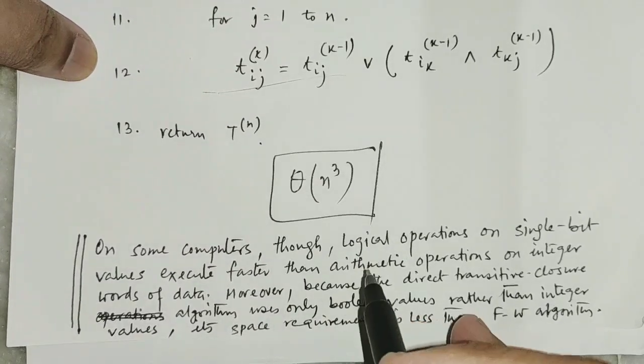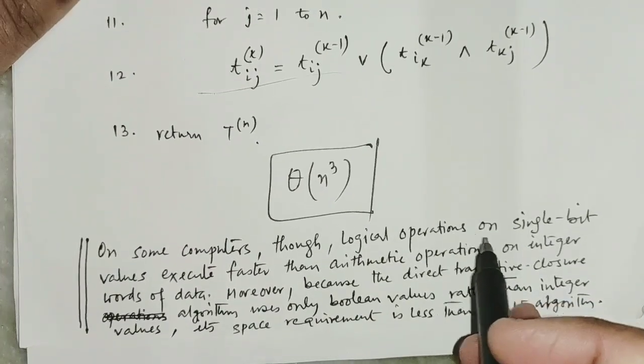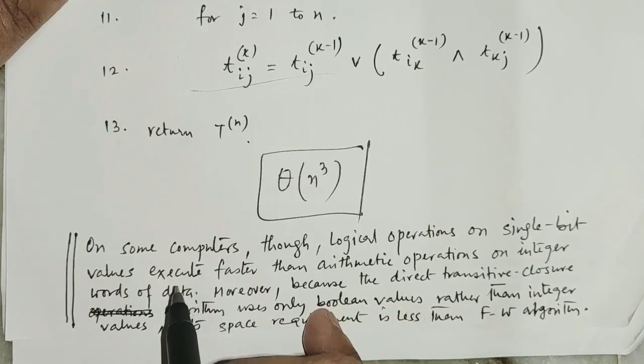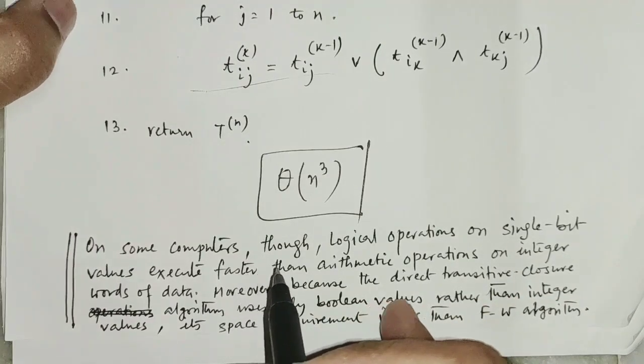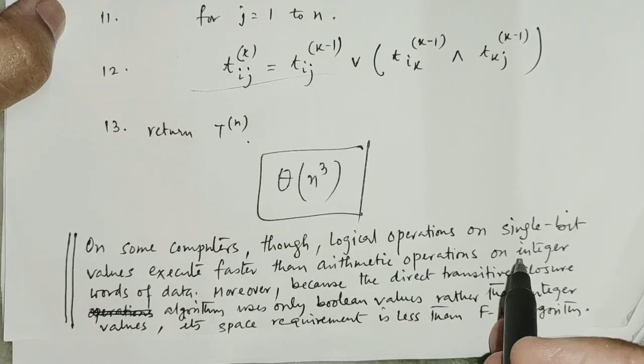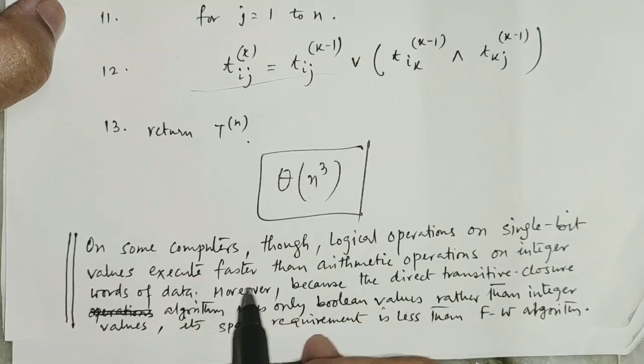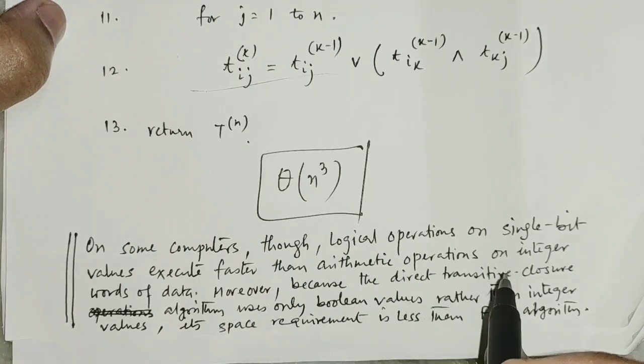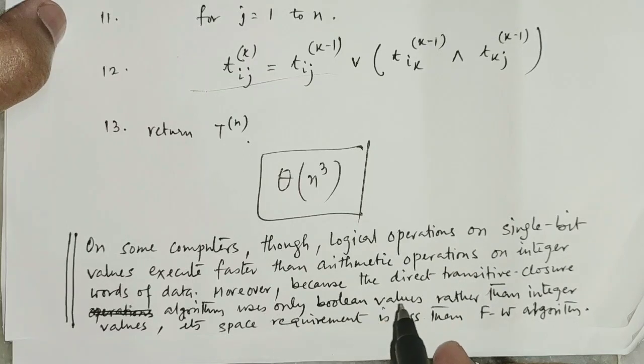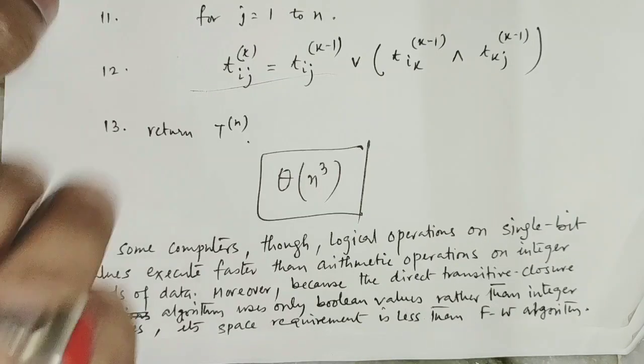On some computers, logical operations on single bit values execute faster than arithmetic operations on integer words of data. Moreover, because the direct transitive closure algorithm uses only Boolean values rather than integer values, its space requirement is less than the Floyd-Warshall algorithm.